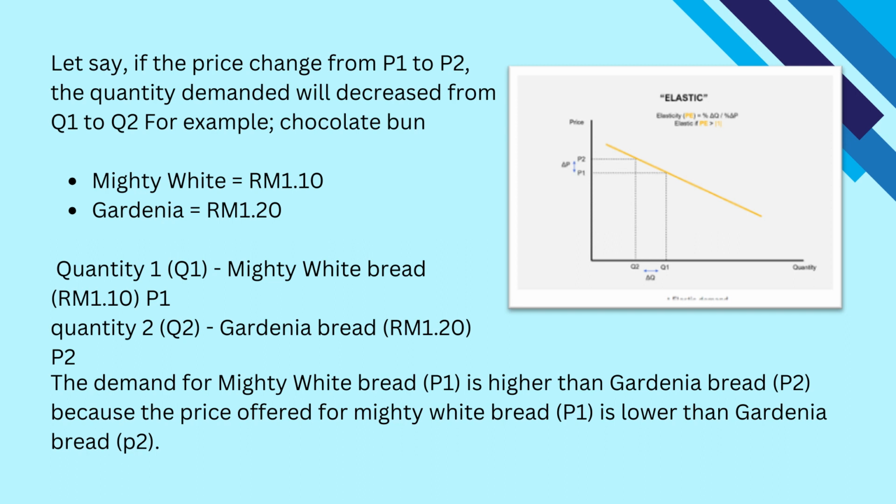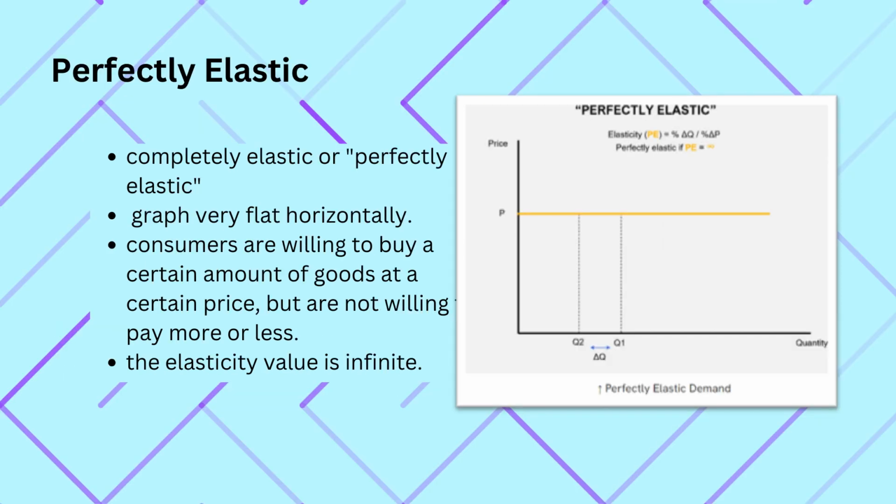The demand for Mighty White bread represents Q1, and for Gardenia bread represents Q2. The demand for Mighty White bread is higher than Gardenia bread because the price offered for Mighty White bread is lower than Gardenia bread.